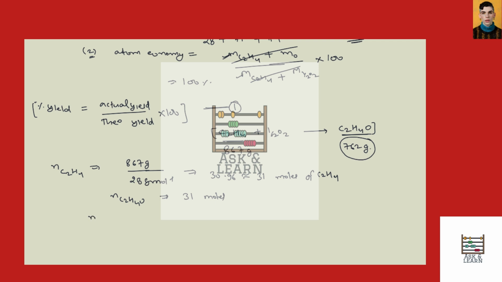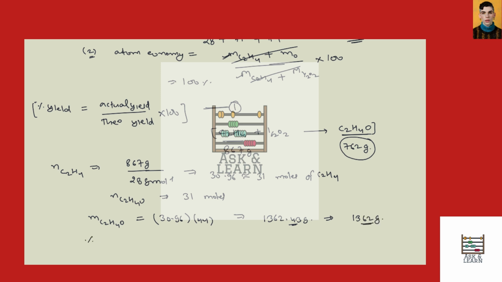Now, the mass of C2H4O that would be produced theoretically would be equal to 30.96, or we can say 31 moles, multiplied by its molar mass, that is 44 grams per mole. So now this product becomes 1362.43 grams, and .43 can also be neglected, so we can round it off to 1362 grams, right? So this is the theoretical yield.